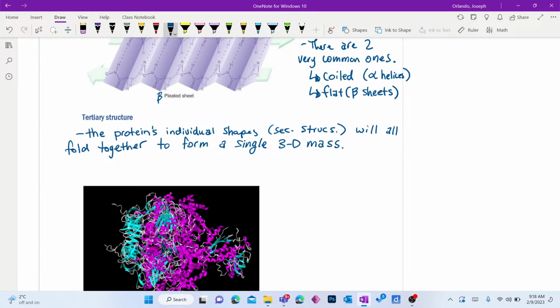This is what we call the tertiary structure.